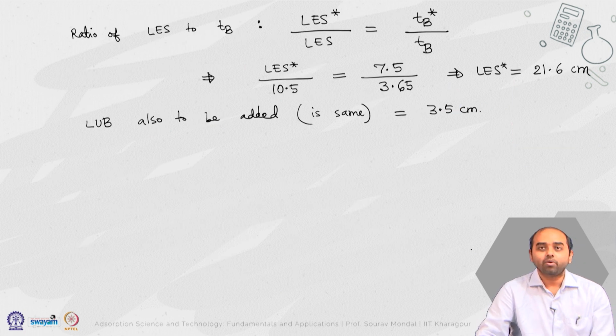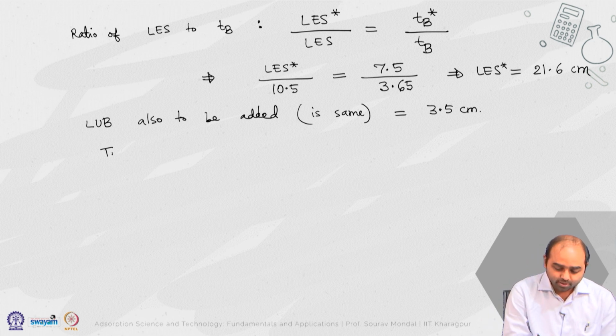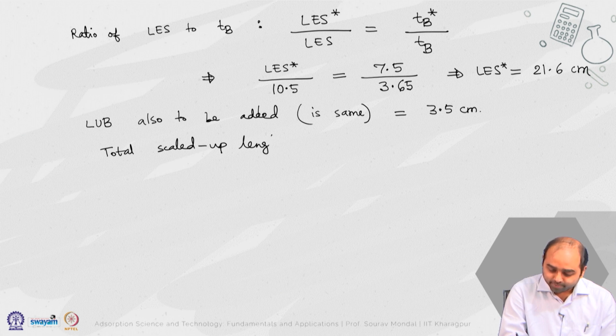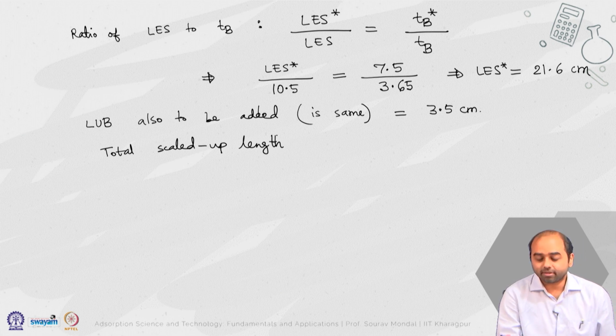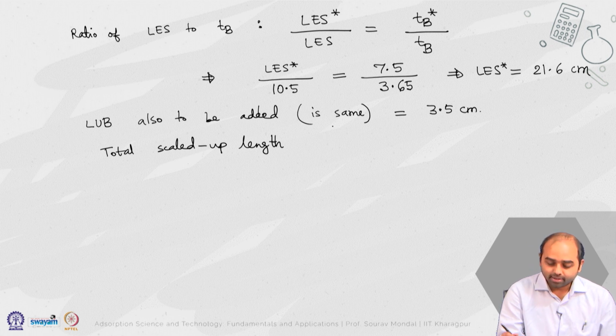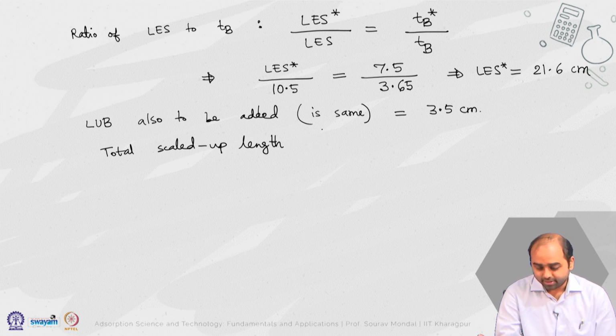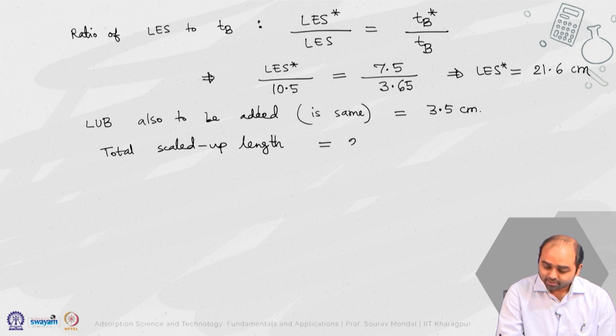So this is how you can scale up, or work out what would be the scaled up length of the bed, provided you have the information of the breakthrough with respect to time for a smaller bed.